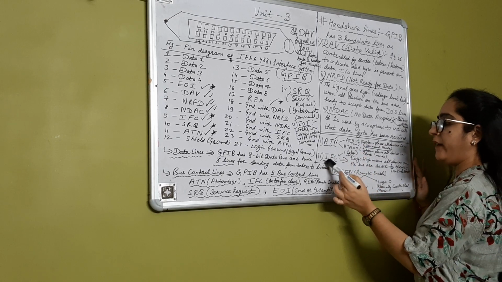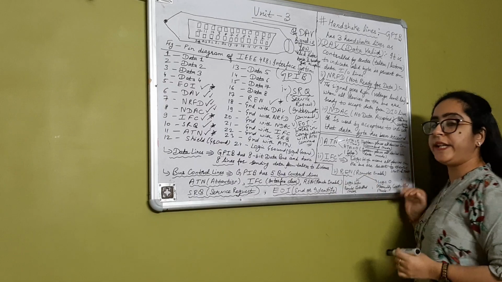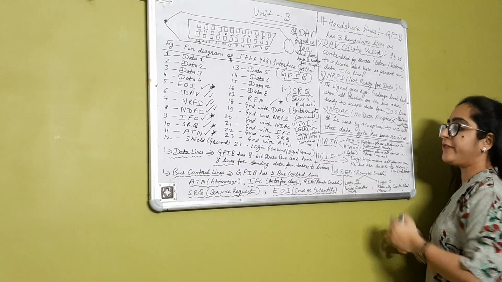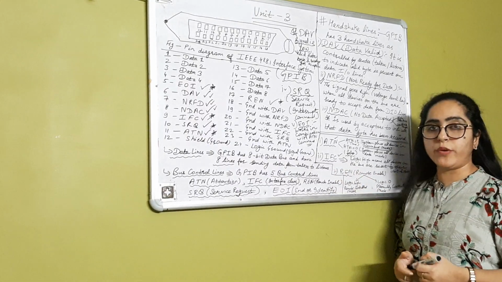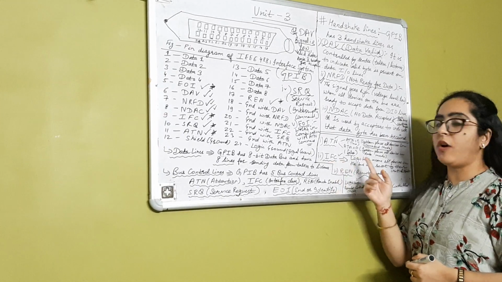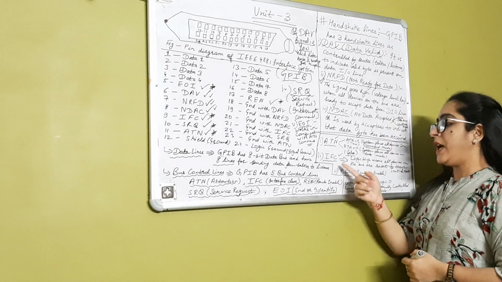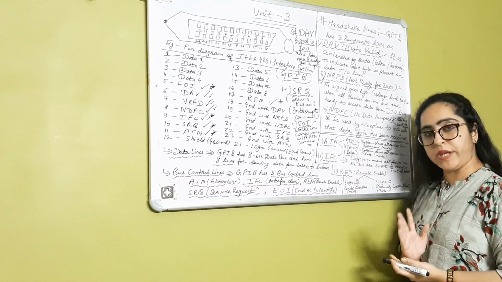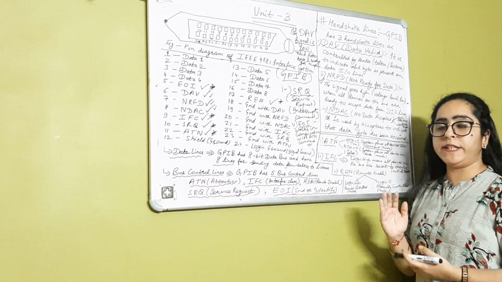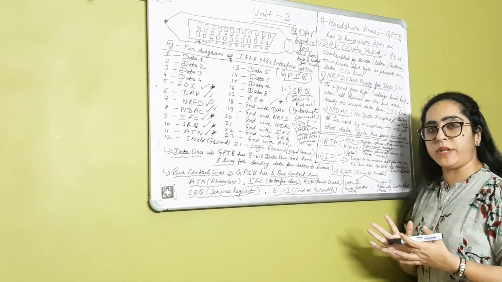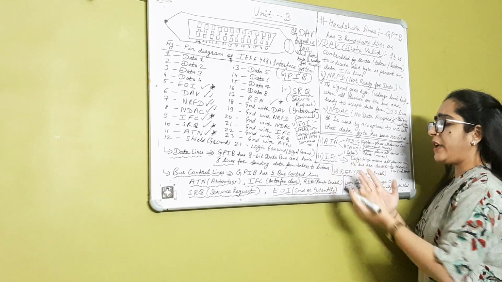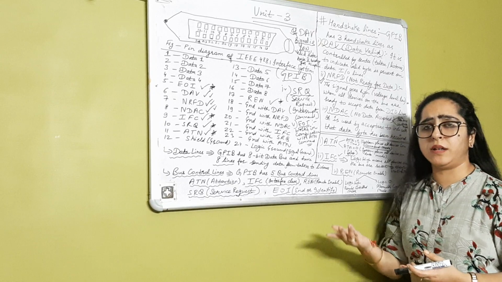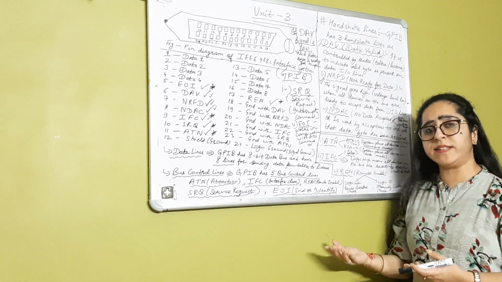Now next is our IFC. IFC is interface clear. The interface clear command is also operated by the controller itself. It is used to halt or abort the operation in between due to some abnormal condition occurring in the system.